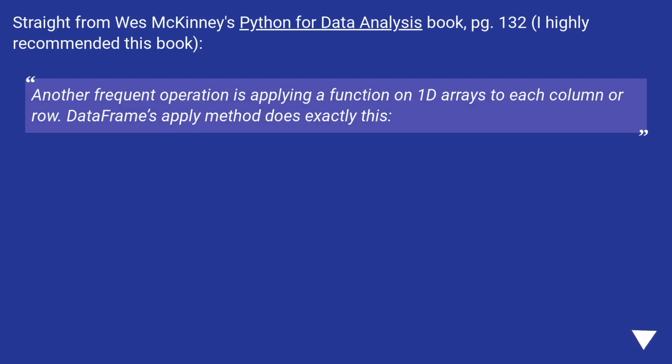Straight from Wes McKinney's Python for Data Analysis book, page 132, which I highly recommend. Another frequent operation is applying a function on one-dimensional arrays to each column or row. DataFrame's apply method does exactly this.